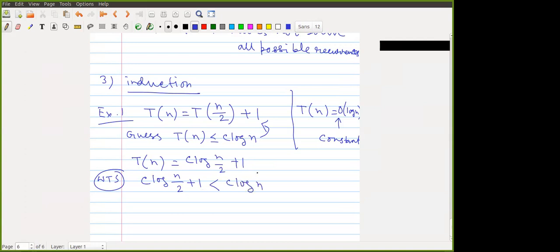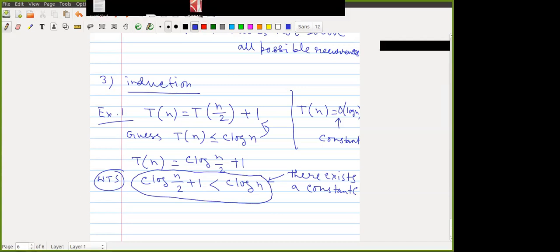So there exists a constant C such that this thing holds. Is this okay?